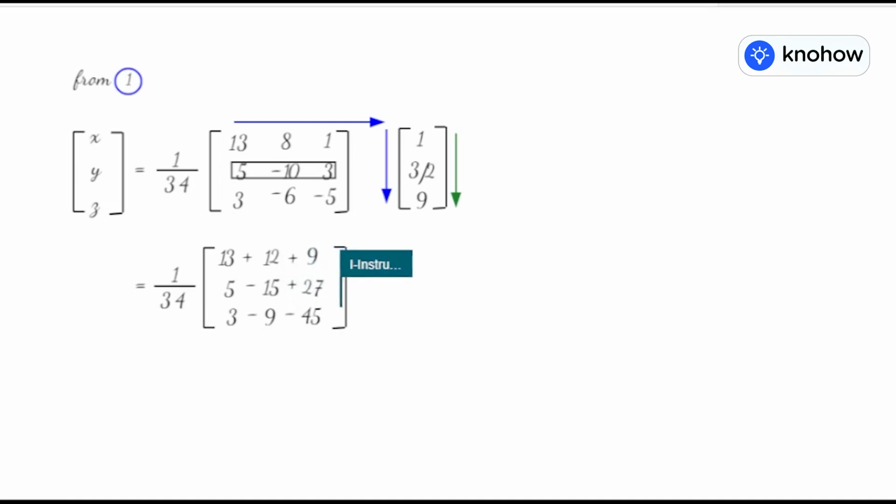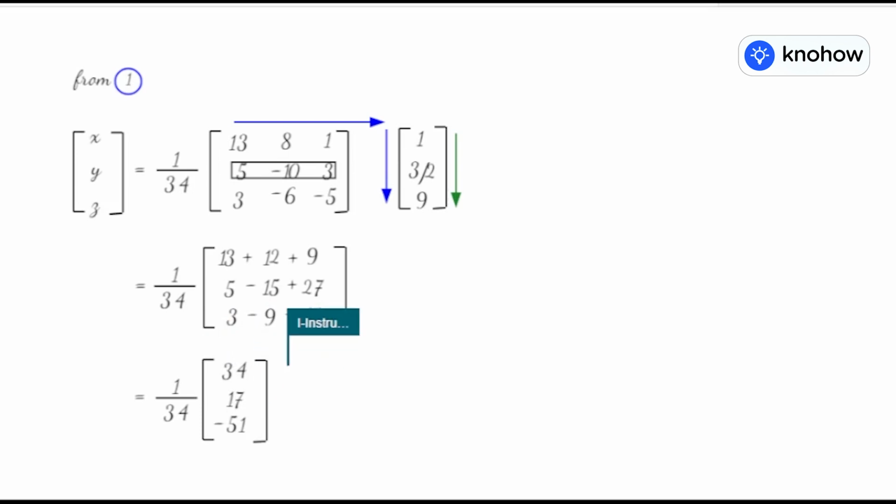You get 1 by 34 times 34, 17, minus 51. Now multiplying each element by 1 by 34, you get 1, 1 by 2, and minus 3 by 2. On the left, you have the variable matrix x, y, z, equating the elements respectively. You get x equal to 1, y equal to half, z equal to minus 3 by 2 is the required solution.